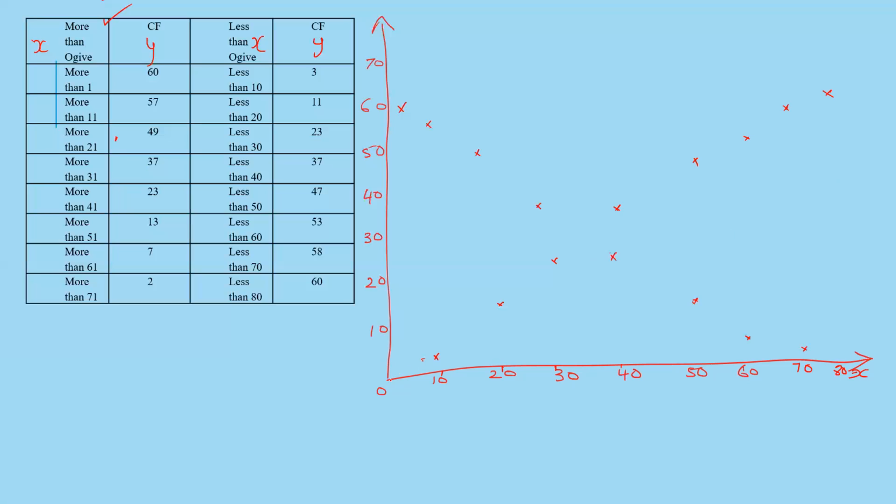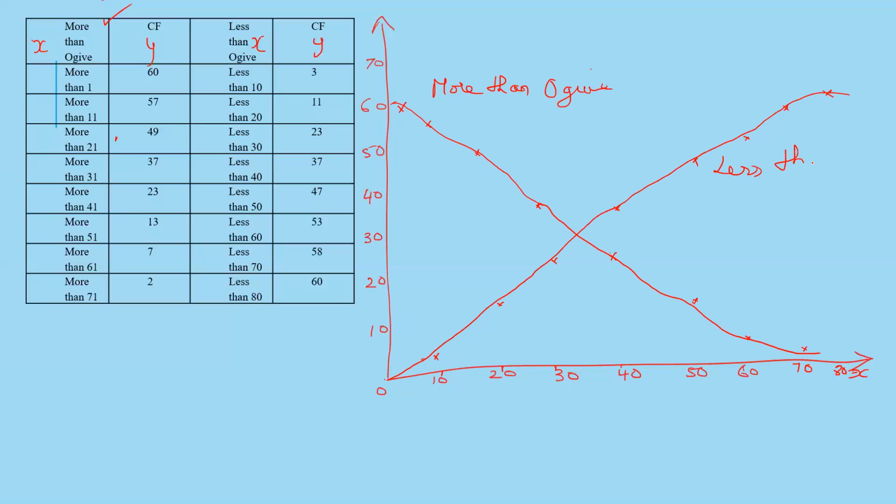Okay. So now all we need to do is join these dots carefully, and we get the first one, this is the more than ogive, and the second one is the less than ogive.